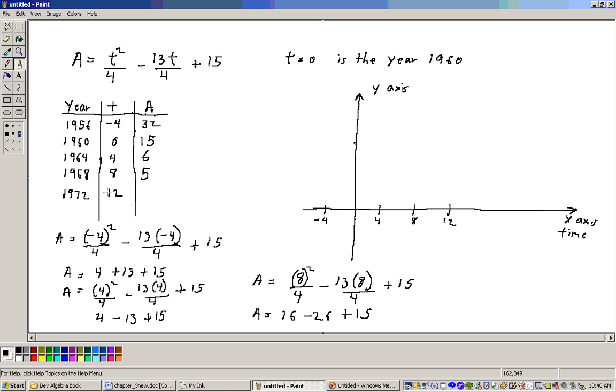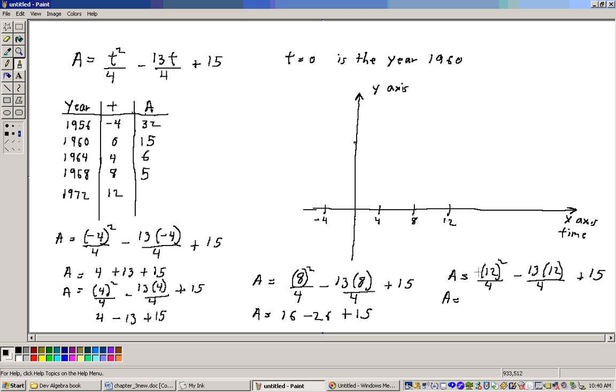Now, if I plug in the 12, watch what I end up getting here. Substituting in the 12, I get 12 squared over 4 minus 13 times 12 over 4 plus 15.